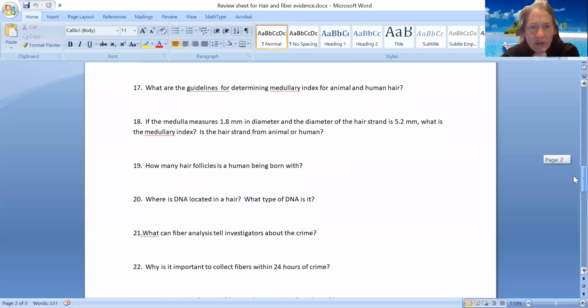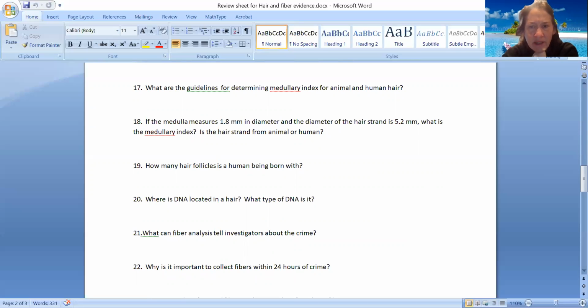How many follicles? A lot. I believe we said about 5 million human hair follicles.